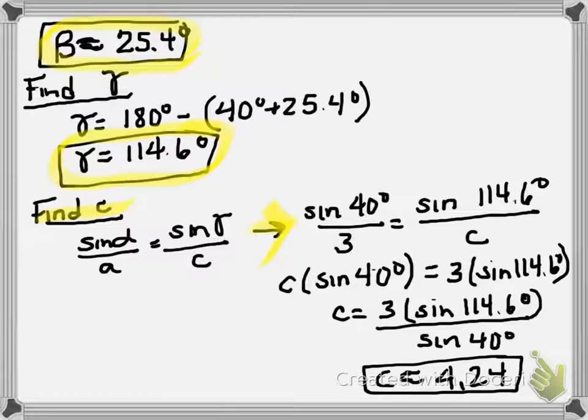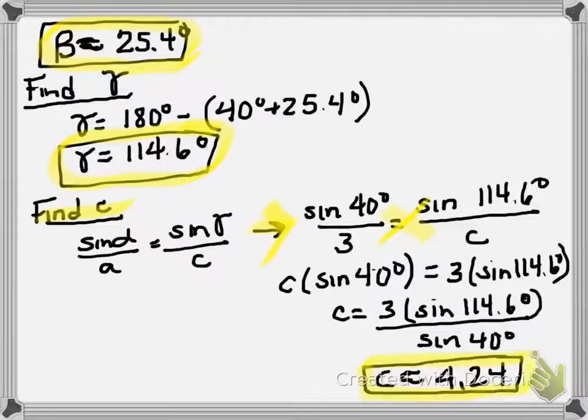Sine of 40 degrees divided by 3 is equal to the sine of 114.6 degrees divided by C. Cross multiply, and I get C times sine of 40 degrees equals 3 times sine of 114.6 degrees. And C is equal to, once I put all of that into my calculator, 4.24.